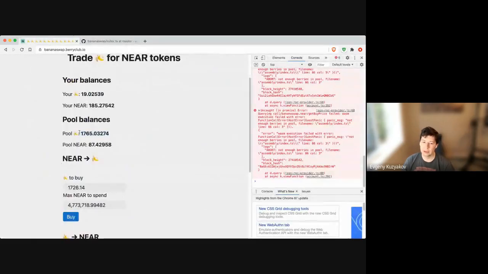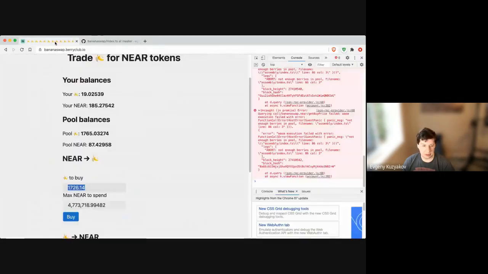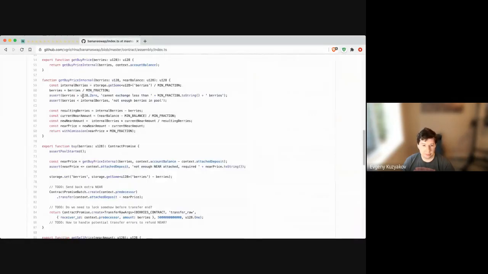So if it has around 1700, or more realistically this number, this will bring it to something like 1.7 billion. So internal berries becomes 1.7 billion.